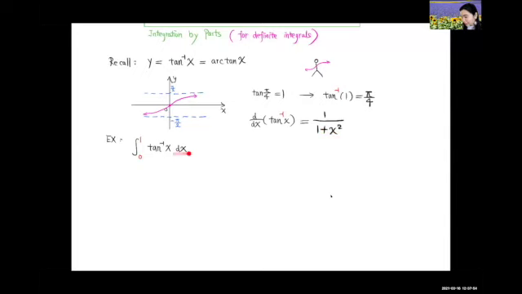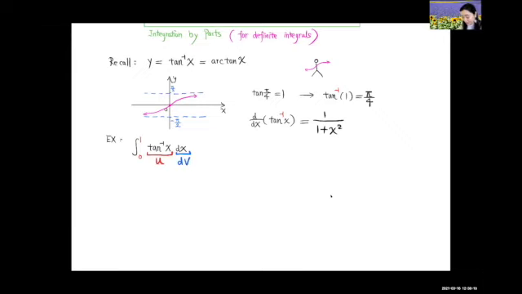So to find this, we have to use integration by parts. Okay. So I don't have a choice. I can only let u be this. This is the only function. So I let u be this, and then dv to be dx. Okay.